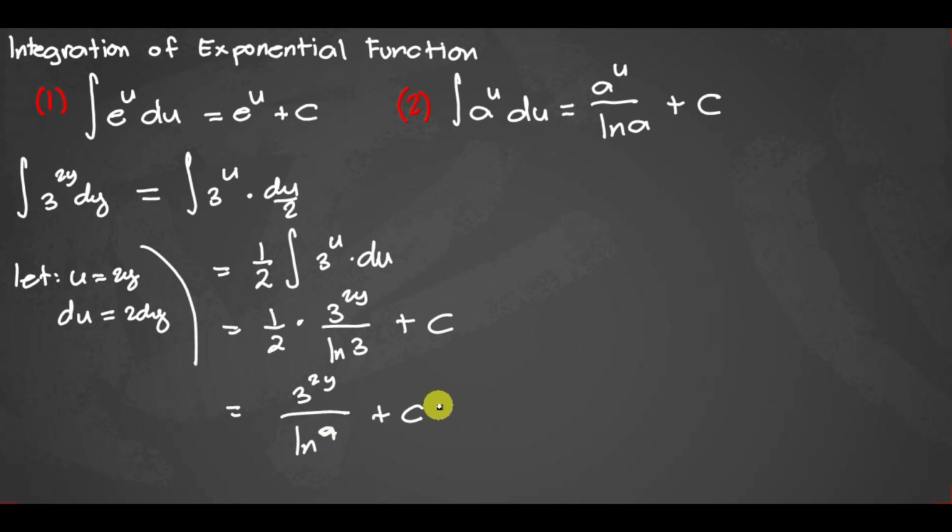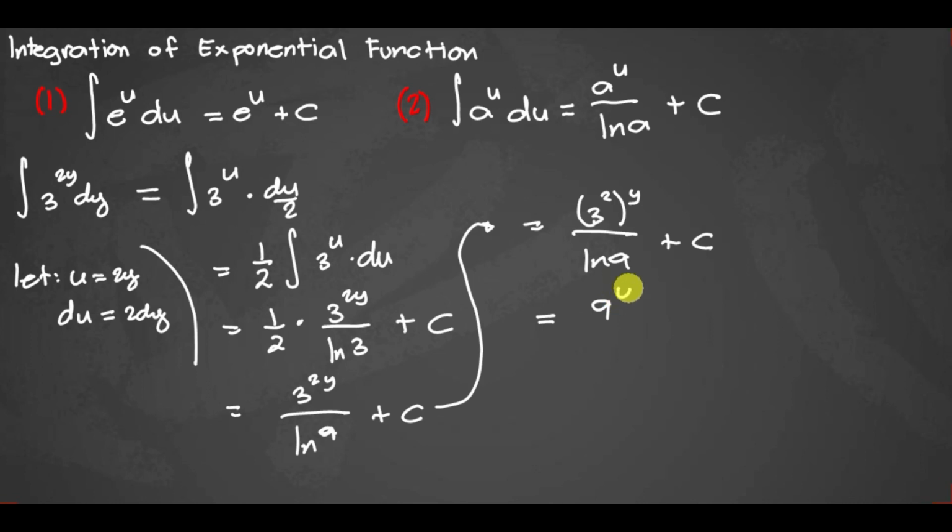Or we can write our final answer in this form: 3 raised to 2 multiplied by y all over ln 9 plus c, and this is equal to 9 raised to y all over ln 9 plus c. Now, this is our final answer.